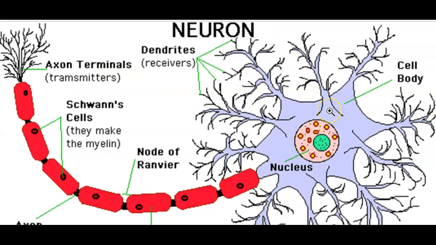There are 10 to 30,000 incoming signals or connections from the dendrites into the nerve cell body. The neuron relies on energy with glucose, requires a constant supply of oxygen, and requires a constant stimulation of signals coming in from the dendrites.